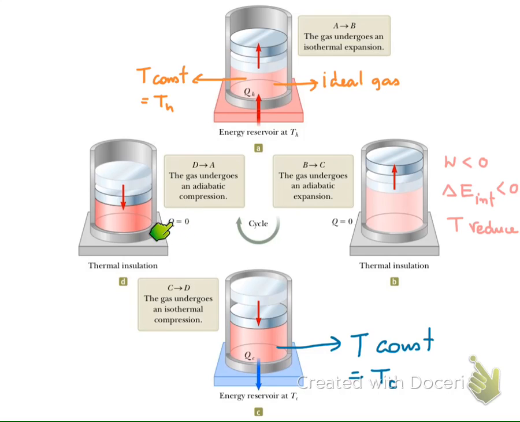In this step, there is work done on the system. We have that W, the work done on the system, is positive.